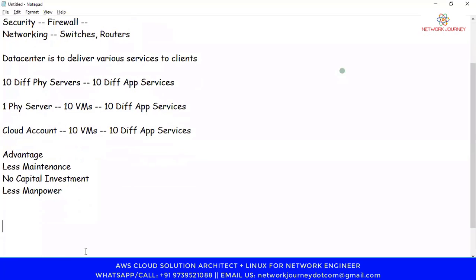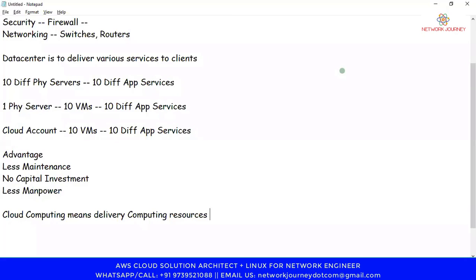Cloud computing means delivery of computing resources over the internet. But I can agree on one thing: without internet, you can't have cloud computing. For cloud computing, you need internet. Why?